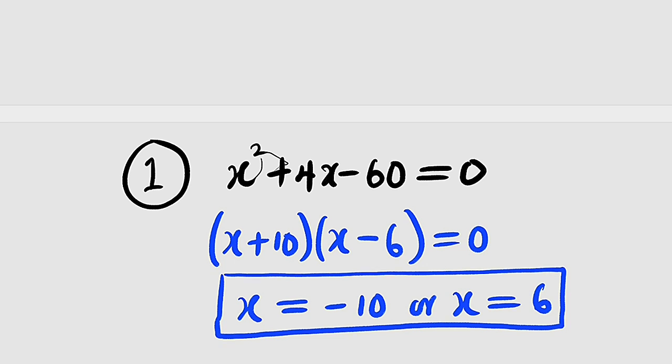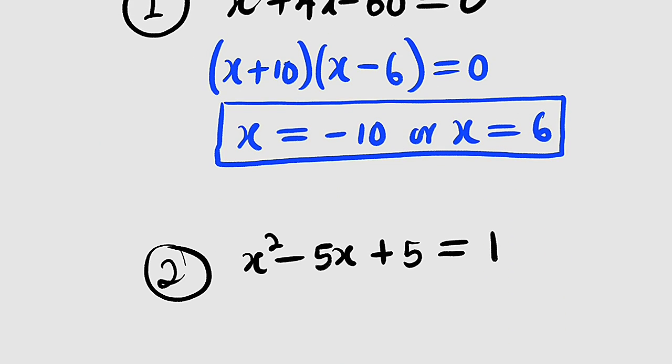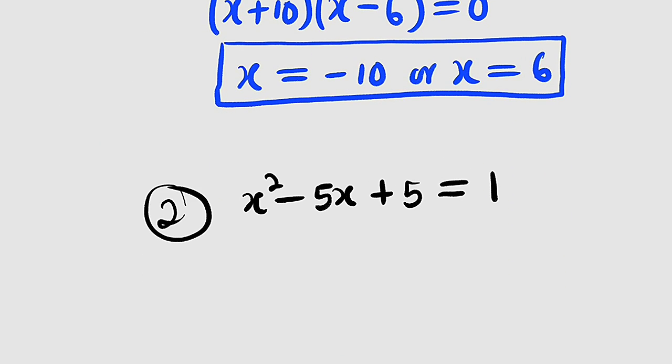Then the second condition, if x squared minus 5x plus 5 equal to 1. If this is equal to 1, we can subtract 1 from both sides so that our equation becomes x squared minus 5x, 5 minus 1 will give us 4, equal to 0. Now let us think of two numbers which when we multiply them together, we get positive 4, and when we add them together, we get negative 5.